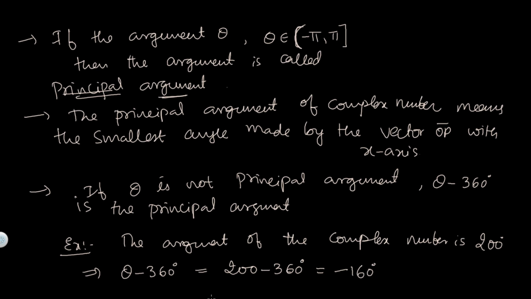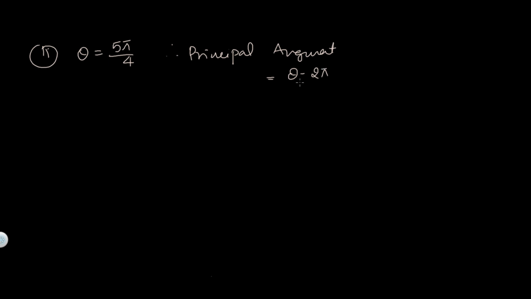So next example, if theta is equal to, suppose, 5 pi by 4, it is not in the range, so we have to convert it to the principal argument. The principal argument of the given complex number is theta minus 2 pi, or theta minus 360, that is 5 pi by 4 minus 2 pi, then you get minus 3 pi by 4.